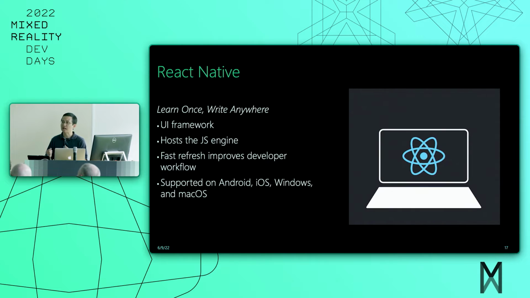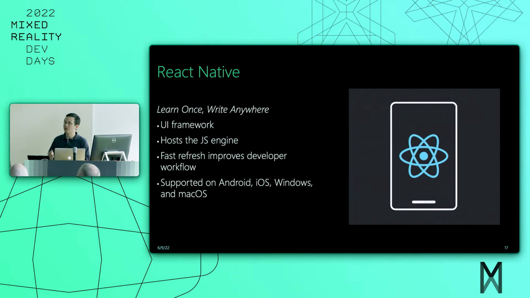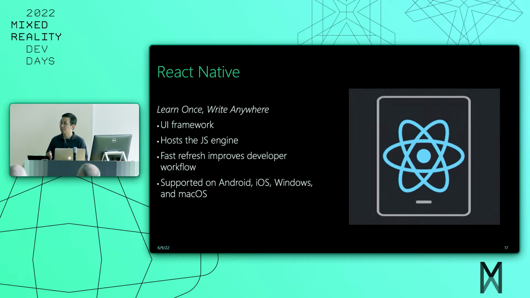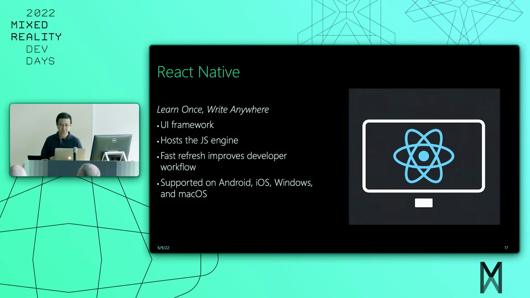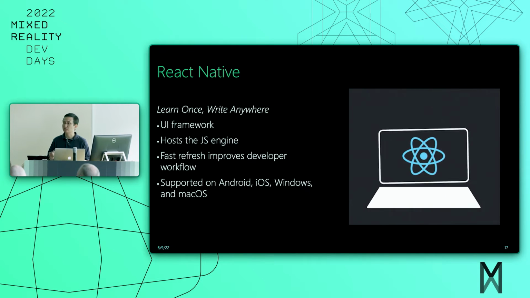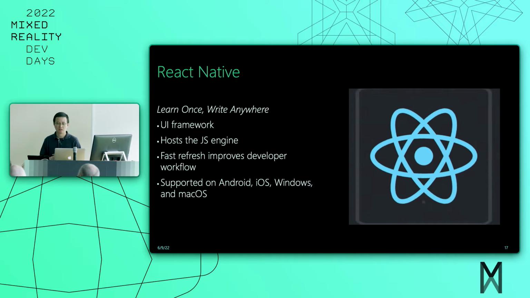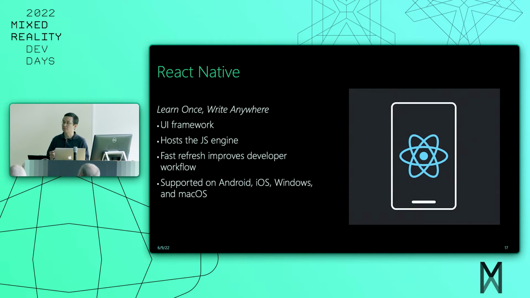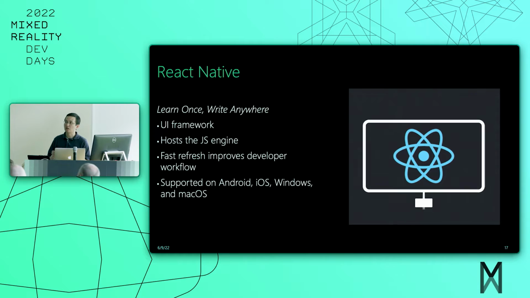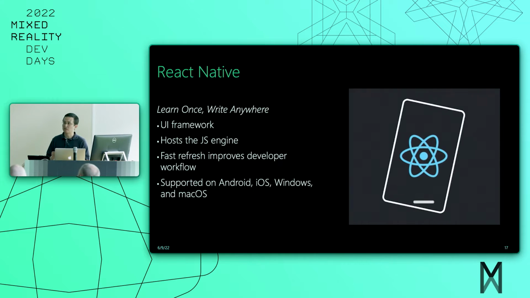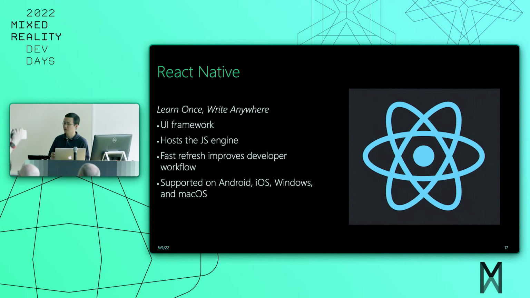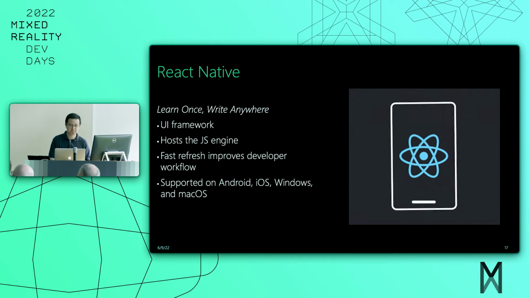And features like fast refresh improve iteration time pretty dramatically compared to the typical native development cycle. And lastly, it runs on Android, iOS, which is supported directly by the main repo, as well as Windows and macOS, which is maintained by Microsoft in a separate repo.